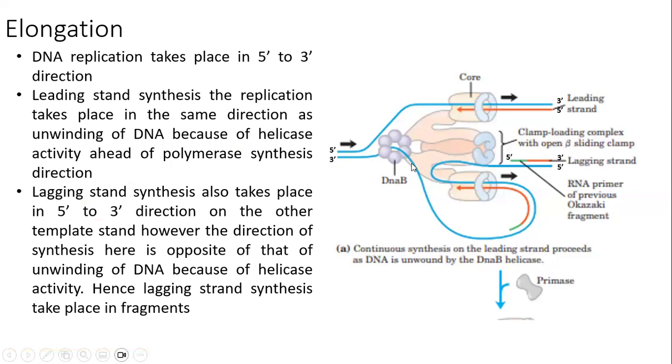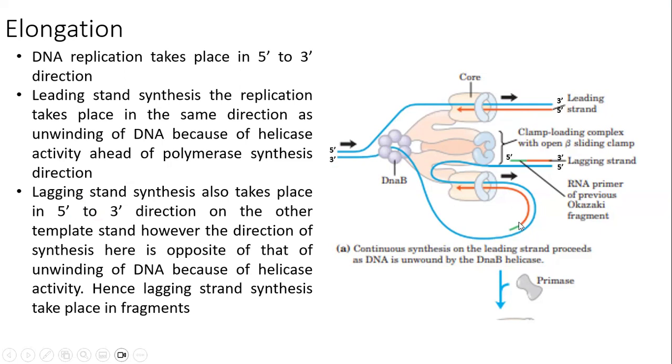So DNA replication basically will take place in 5' to 3' direction. Now, in case of leading strand synthesis, the replication is taking place in the same direction as the unwinding of the DNA by the enzyme DNA helicase. So because of this, the leading strand synthesis will take place continuously.